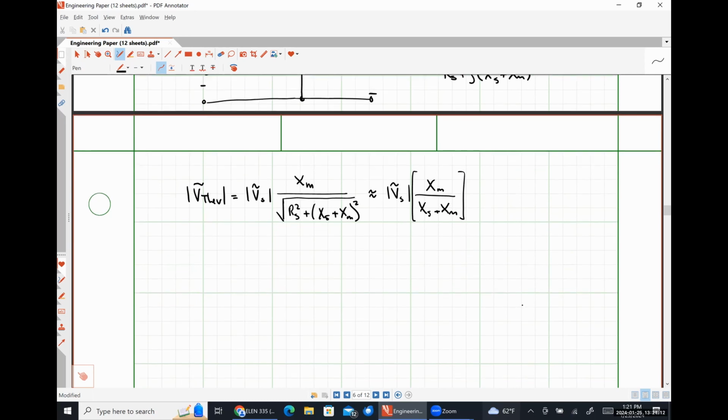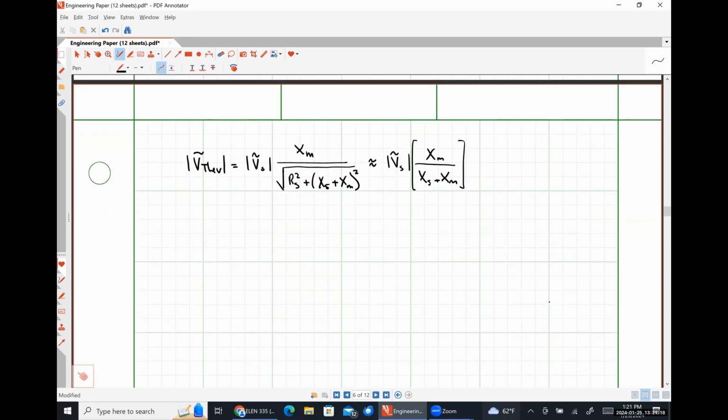So now let's look at our Thevenin resistance. Okay. So for our Thevenin resistance, here's our original circuit. Here's Rs, JXs, JXm. These are the terminals that we're looking into. But whenever we're finding the Thevenin impedance, we need to be looking at a dead network, right?